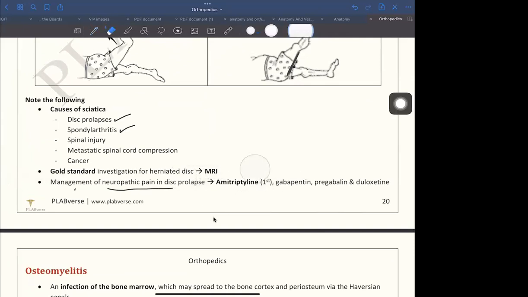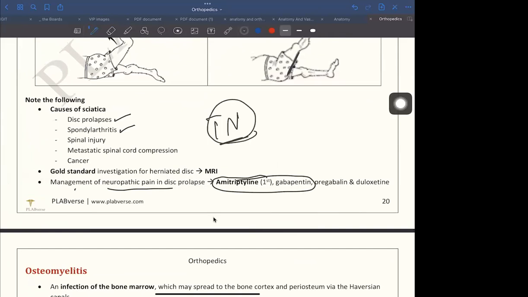Can someone remind me? We know here that amitriptyline and pregabalin are first line, and in trigeminal neuralgia, which painkiller will you use? Can somebody remind me?